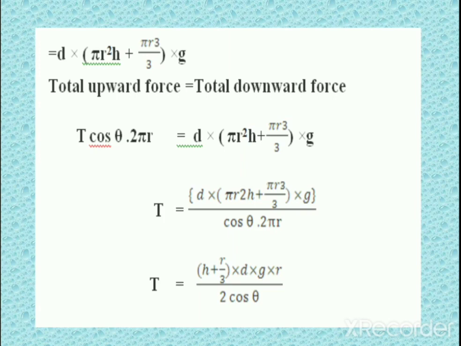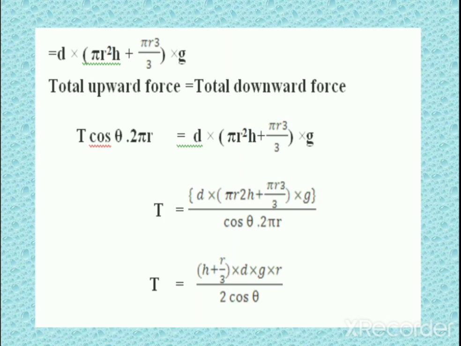We already got the upward force. Equating both equations, that is, total upward force is equal to total downward force. So T cos theta into 2 pi r, that is the upward force, is equal to d into pi r square h plus pi r cube by 3, into g, that is the downward force.